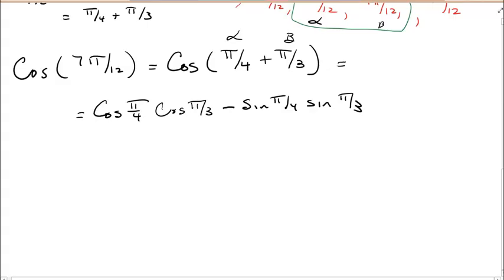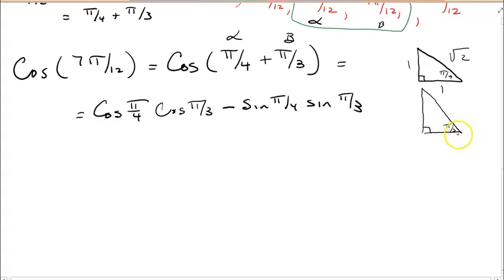Well, why is that helpful? Because I can get the trig functions of, let's do my pi over 4 first. I know pi over 4 goes 1, 1, square root of 2. And pi over 3, which we know is the larger angle, right?